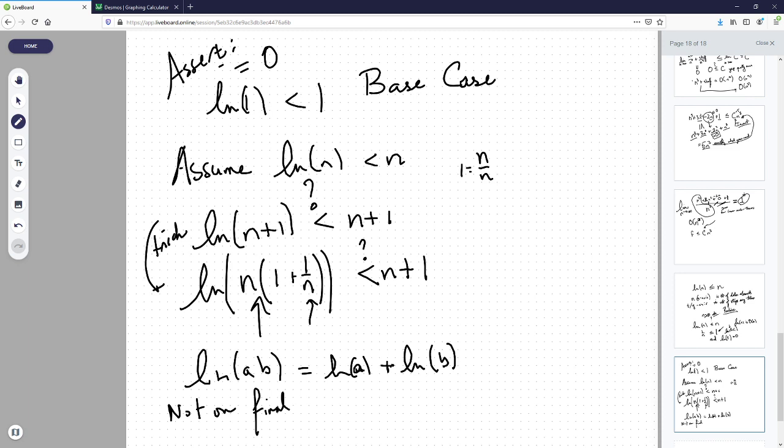So basically, if we split this apart, then what we're going to get is the natural log of n plus the natural log of 1 plus 1 over n, like this. And then the question is, is this less than n plus 1? And I'm going to say this is pretty close to done.